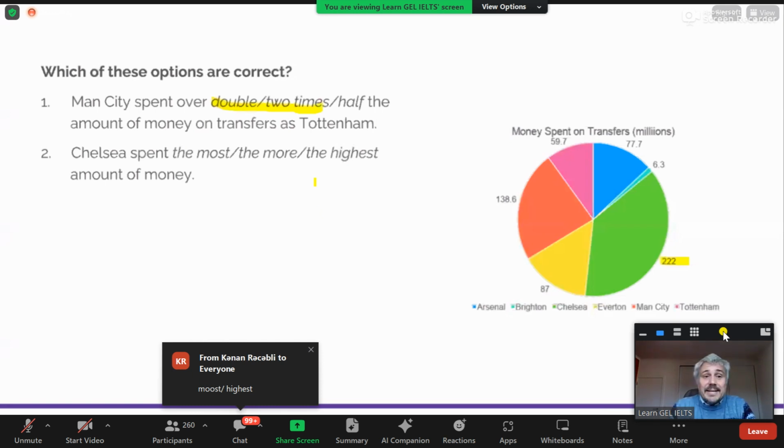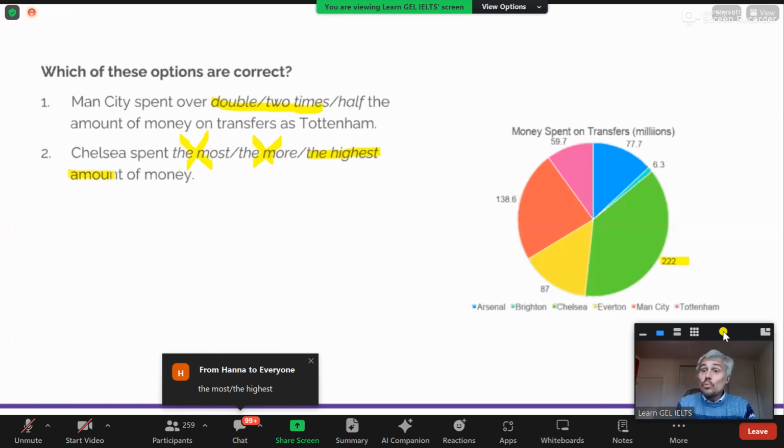The correct answer here is the highest amount of money. We can't use more because this is not comparative. This is a superlative sentence. We're comparing one with everything else. And we can't use the most because we don't use the most with amount.